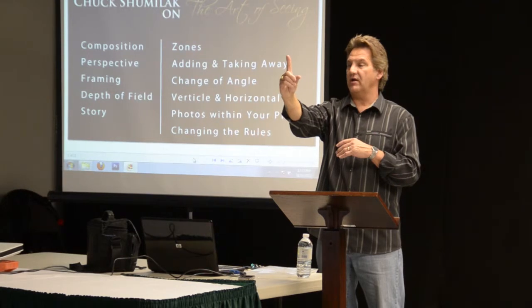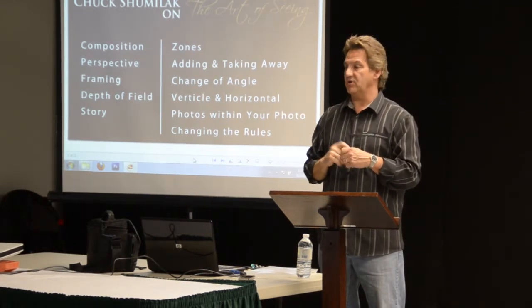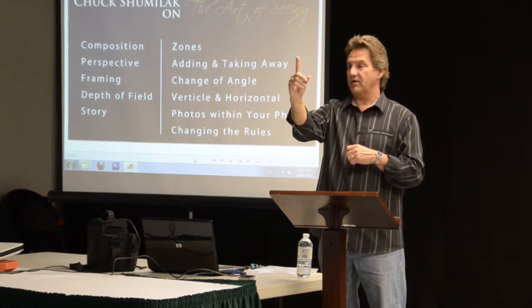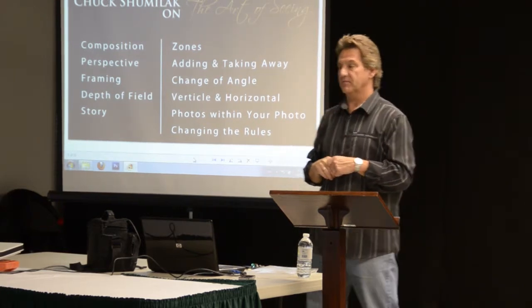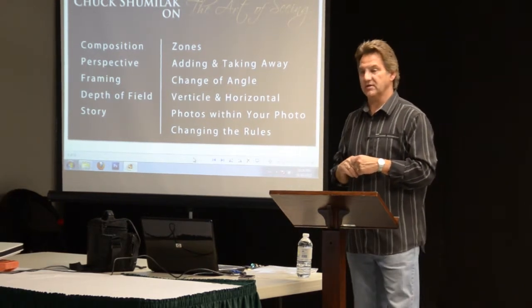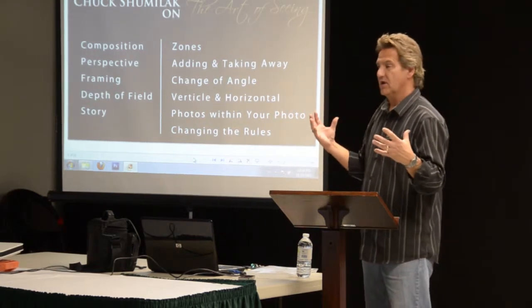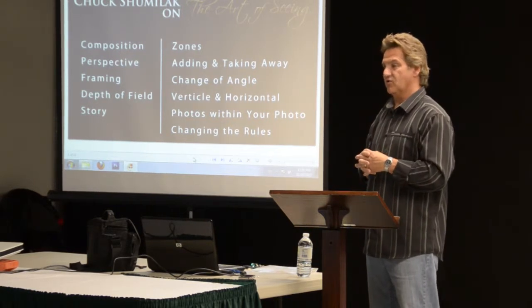Concentrate on your finger, and what happens to the background when you do that? It's blurry, right? Now concentrate on the background, and what happens to the finger? It gets blurry. That's the human brain and the eye. It's amazing what you do. Well, the camera can't do that for you, so you have to do those settings to create that.